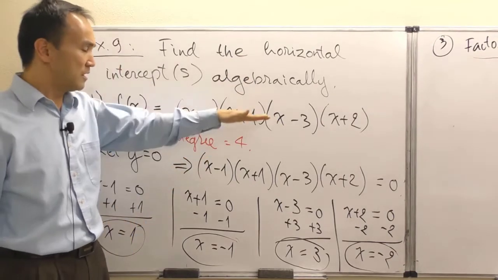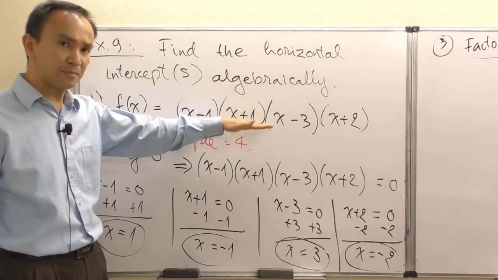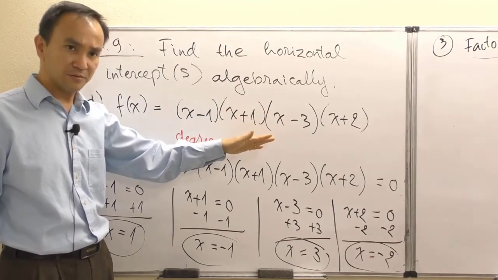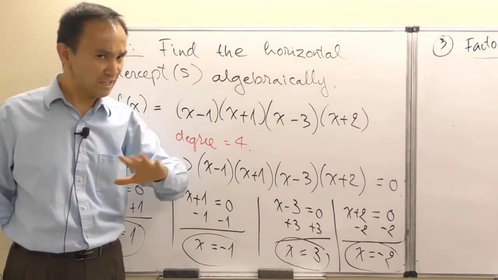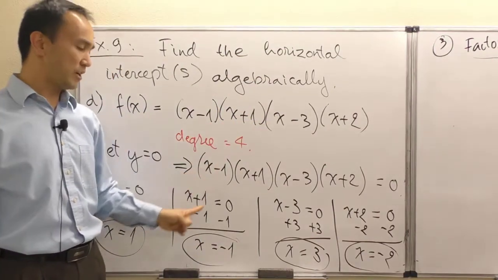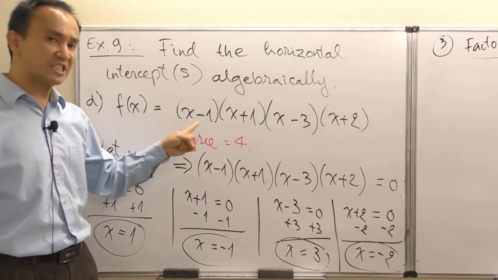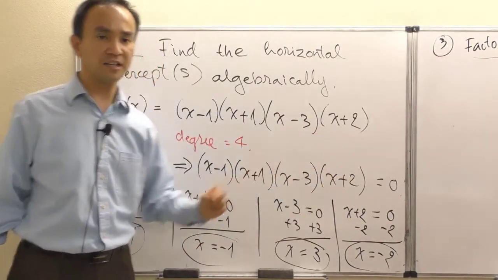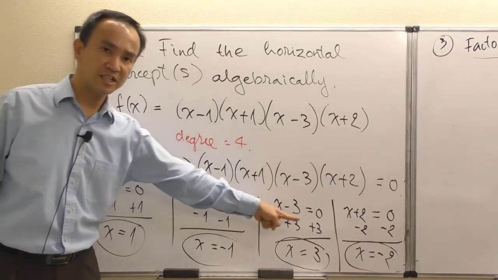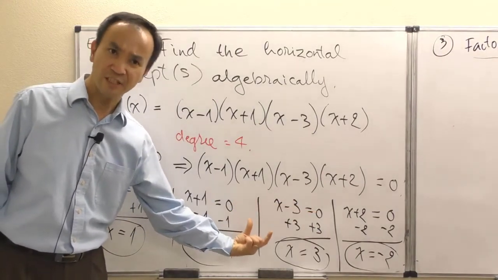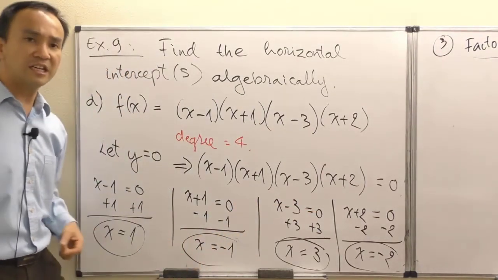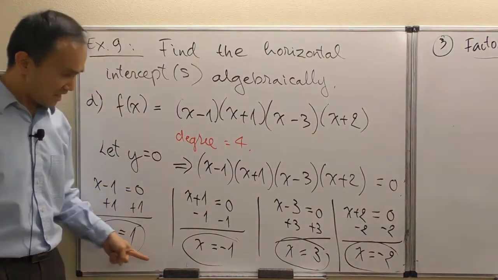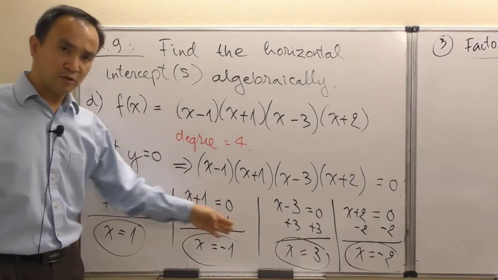This example is easy because the polynomial was already given in factor form. Somebody did that for us, and all we do is take each of the distinct factors, set it equal to 0, and solve. Each of those distinct factors must be linear in the end. And that gives me the number of horizontal intercepts.